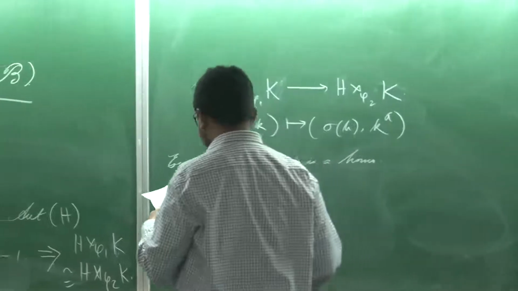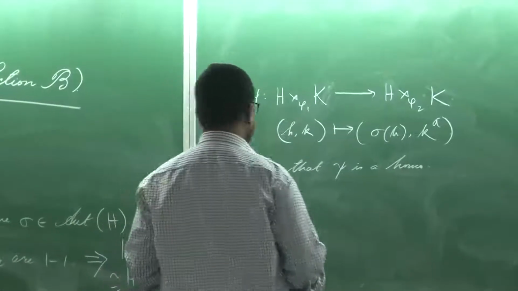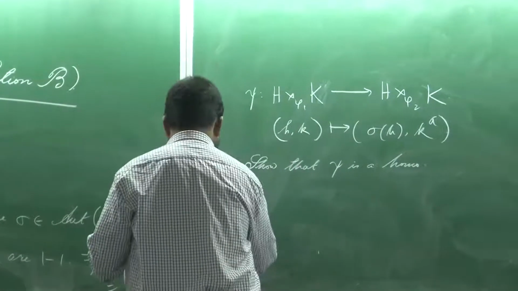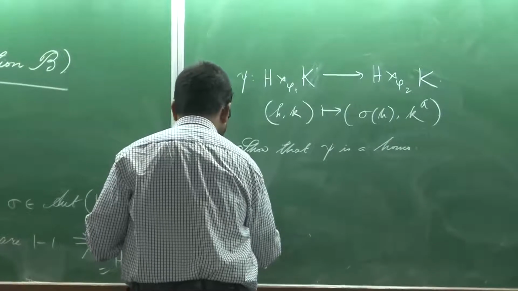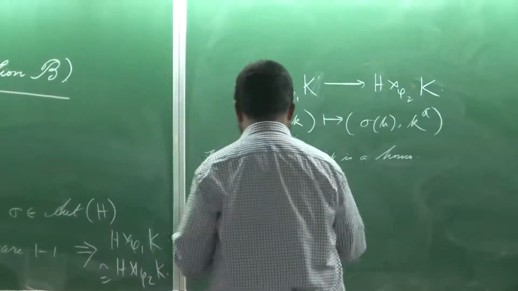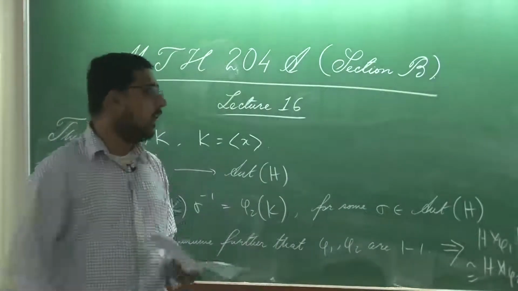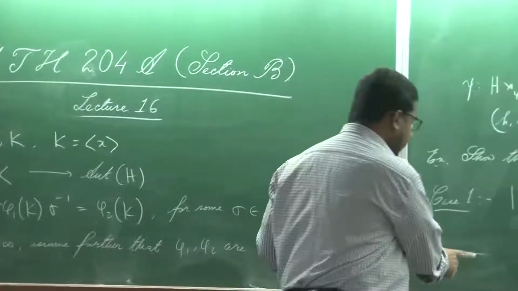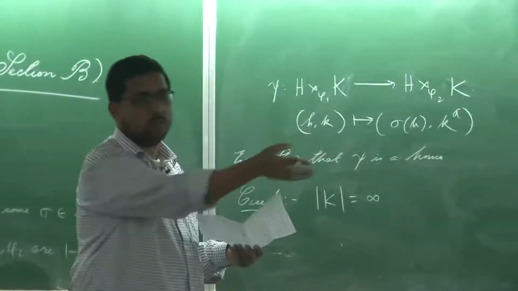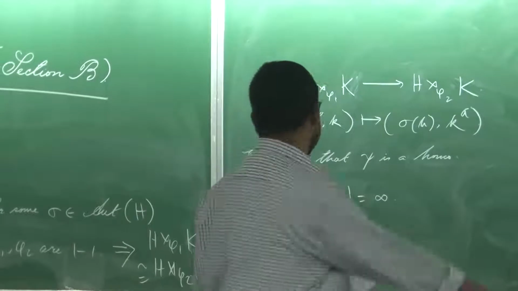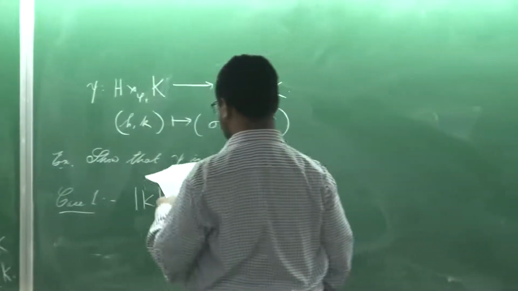So in order to find out its inverse, we will divide that into two cases. So first case would be when k is infinite. So in fact it happens to be easier to deal with the case when k is infinite, and that in turn gives us the motivation how to proceed when k is finite. So assume k is infinite.